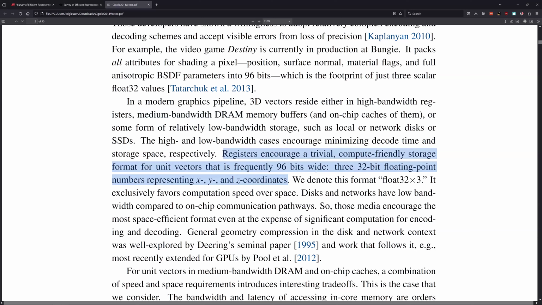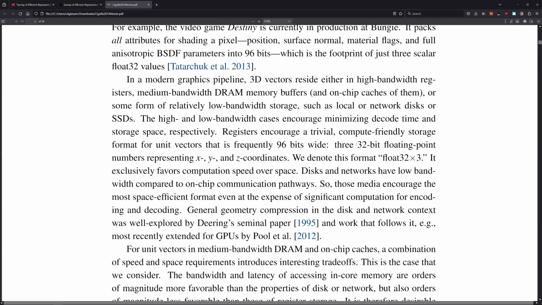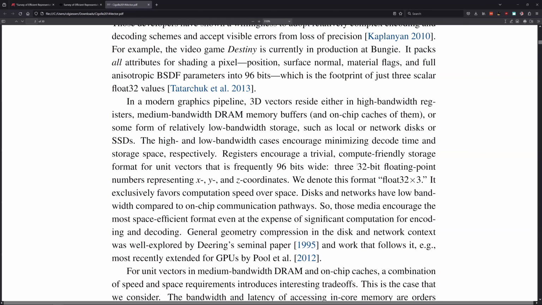Yeah, for a unit vector, oh yeah, three 32-bit floating point numbers. Yeah, that'd be 96. 96 bits is an odd thought to have because I'm used to seeing bytes. That's 24 bytes, isn't it?